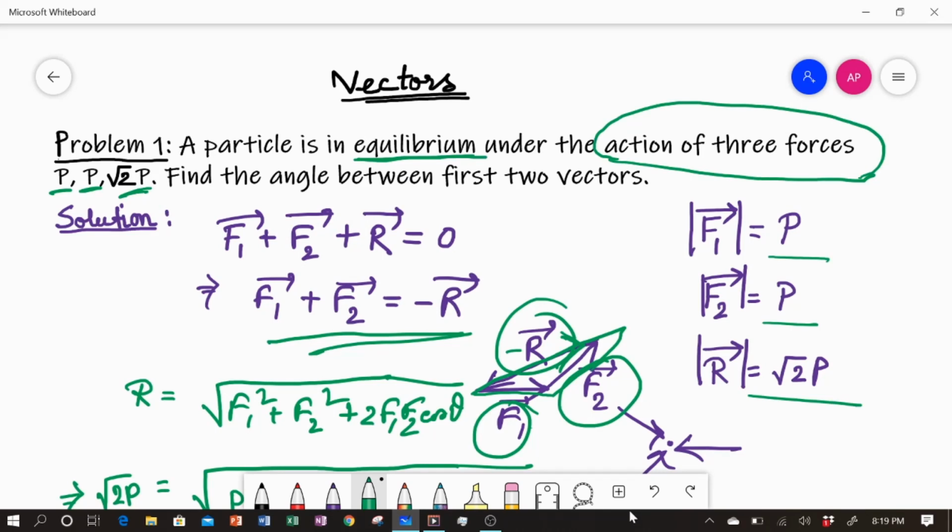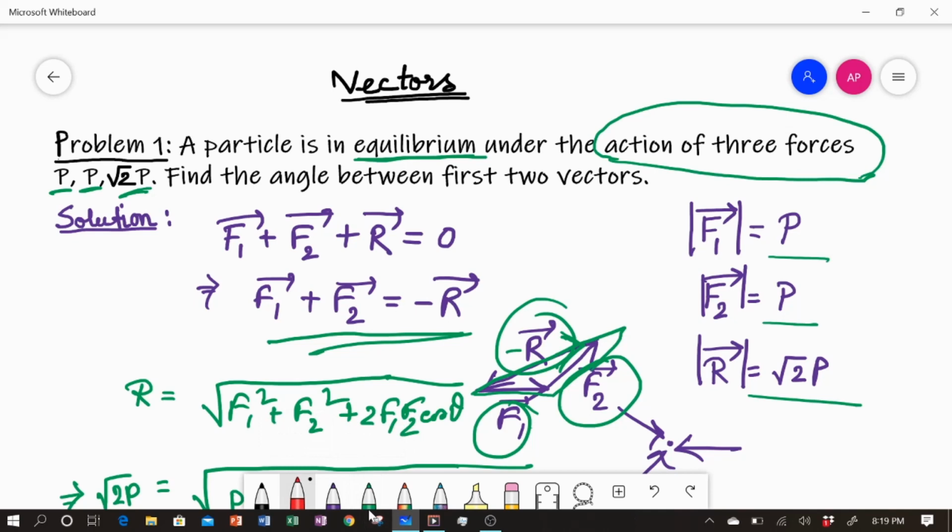So in the beginning this problem was a little difficult, right? Because you may not know what is meant by a particle in equilibrium and how to calculate the resultant. Here two things are very important that you have to know. You must know the meaning of equilibrium.